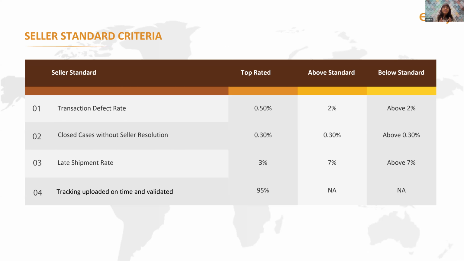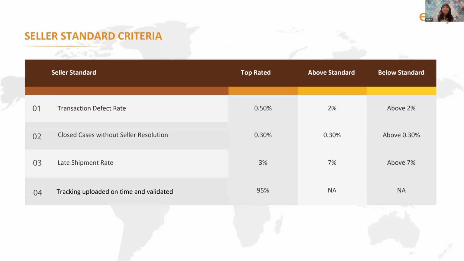And anything that improves on the set criteria of above standard takes you to another level, which is top rated seller. This means if your transaction defect rate happens to be 0.50% or even below that, there are chances that you may become an eBay top rated seller. Cases closed without seller resolution, again maintained at 0.30%.